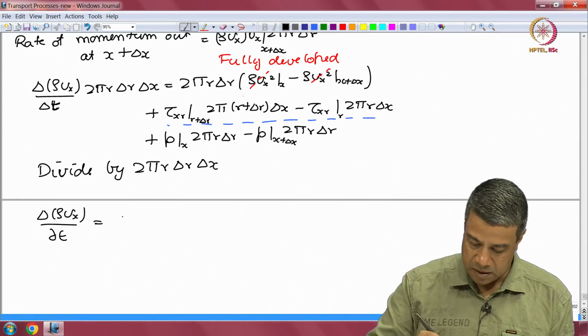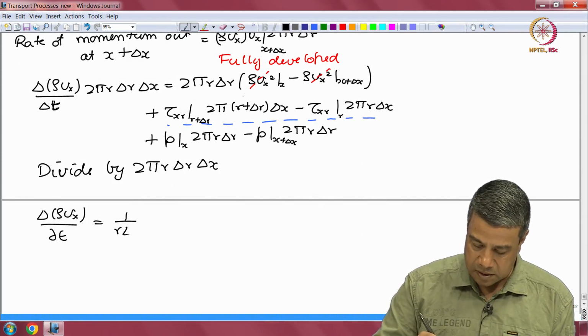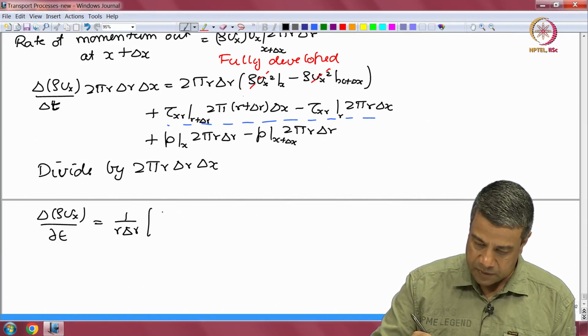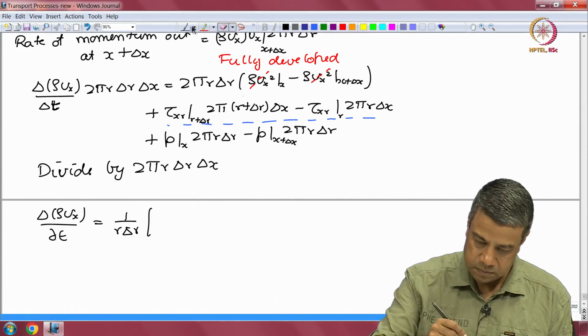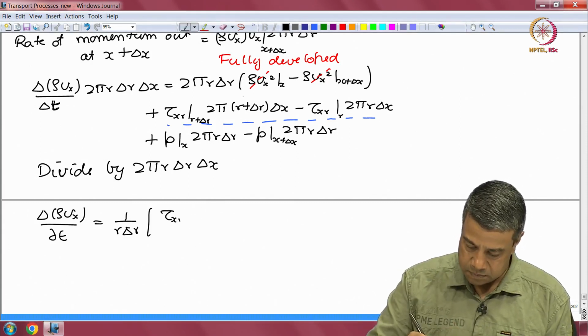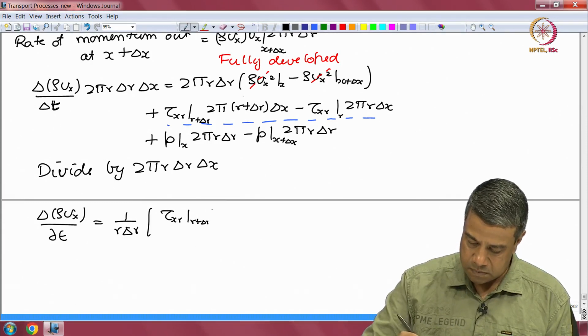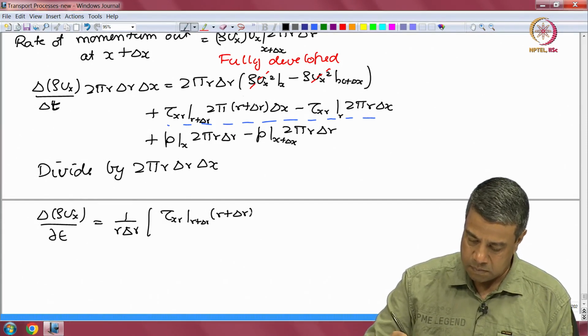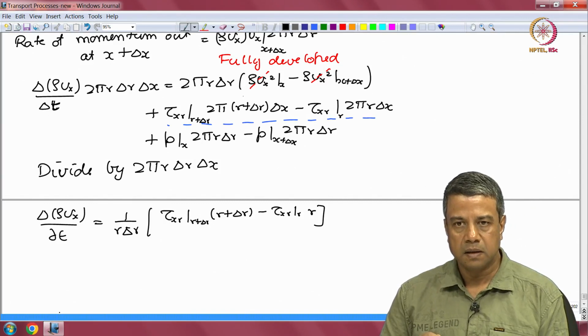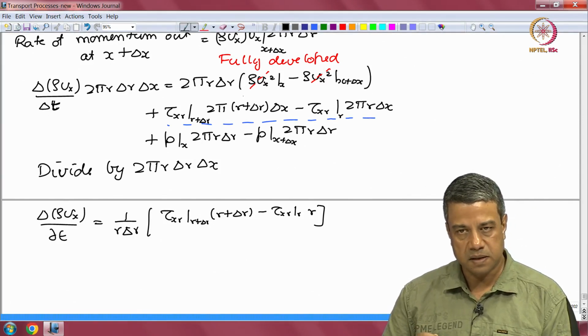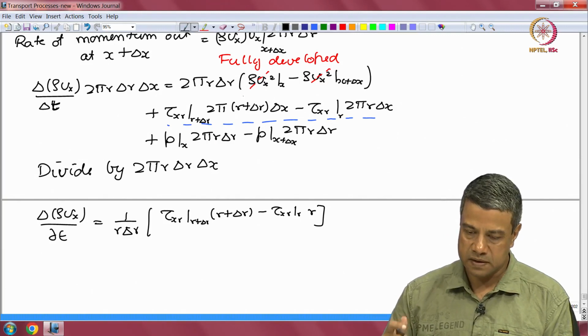Therefore, this becomes 1 by r delta r into tau x r into r, minus tau x r at r into r. The stress at the outer surface times the radius minus the stress at the inner surface times the radius.